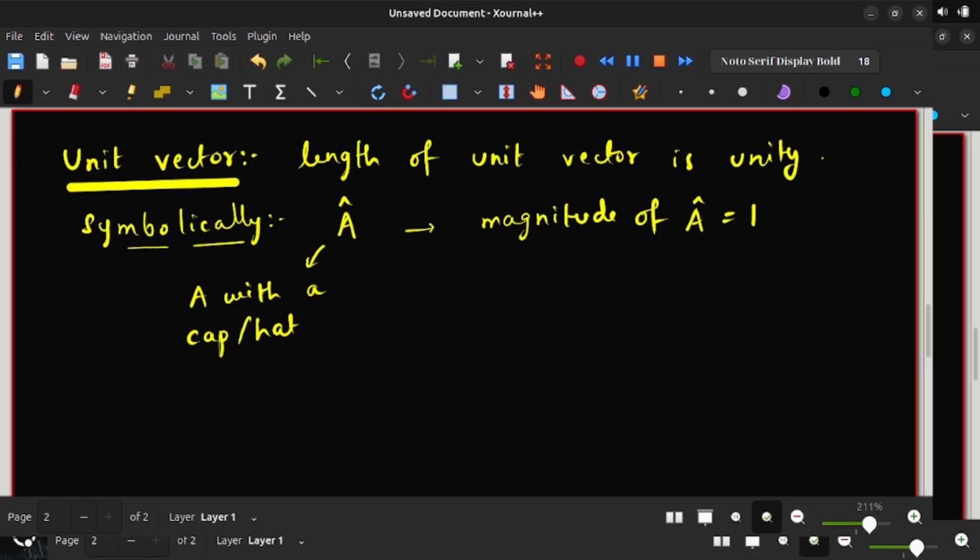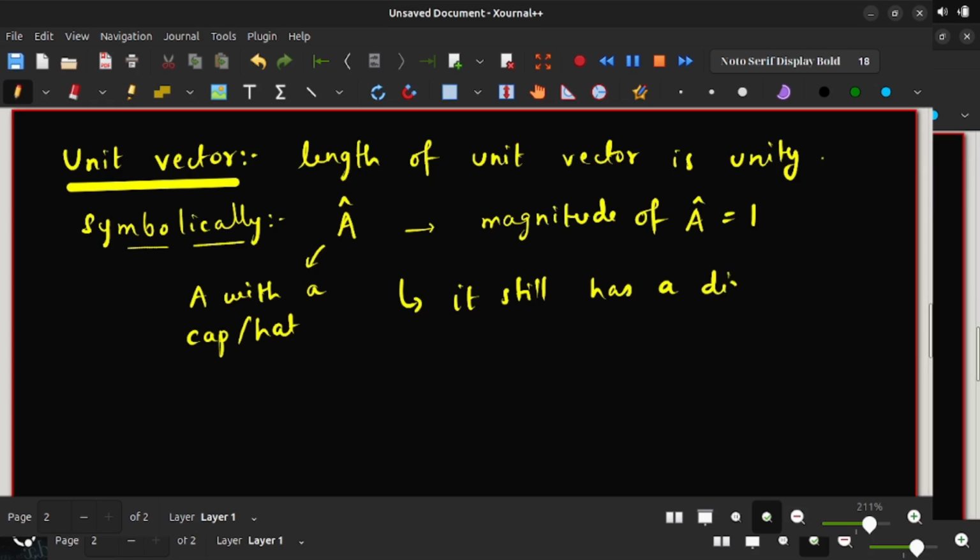Okay. What about the direction? So it's a vector with unit length, so its length is equal to 1. But it still has a direction.